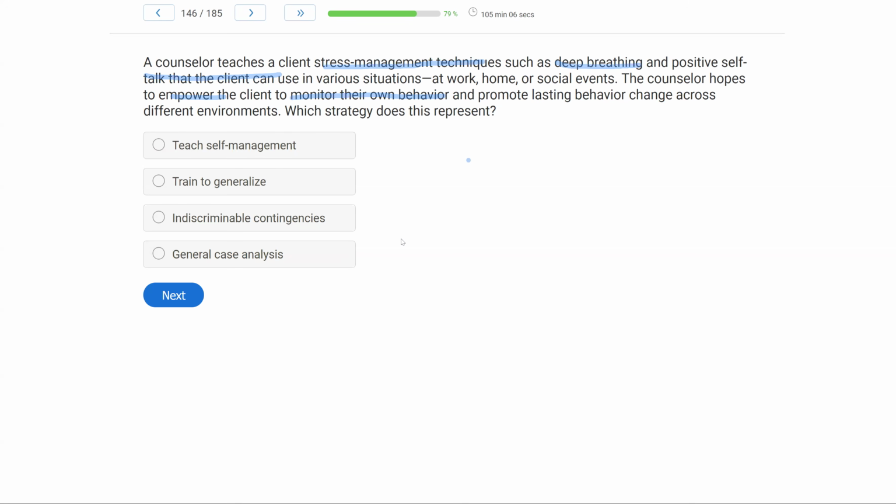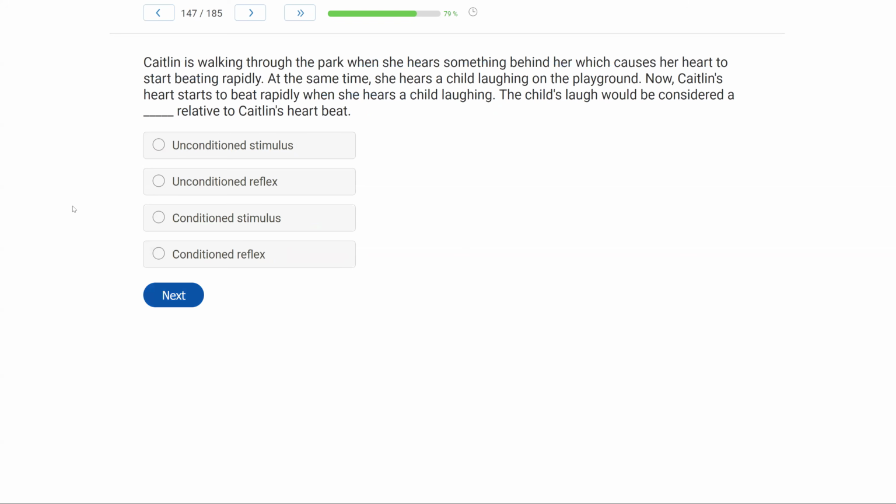And then general case analysis is when we're creating our generalization plan, we go into the particular environment or natural setting and try to identify what we might need to focus on for generalization. With this particular question, however, the focus is on stress management of their own stress and monitoring their own behavior. So that is most related to teaching self-management.